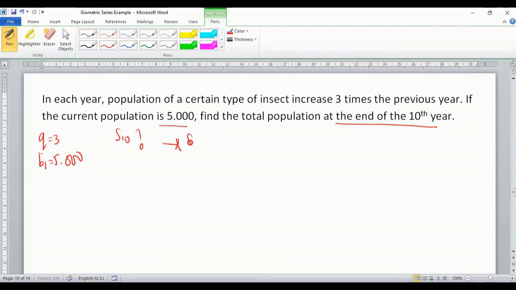So from here, we can continue: Sn equals B1 times 1 minus r to the power n over 1 minus r.